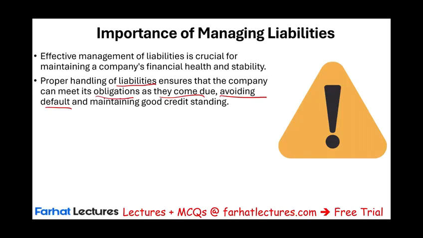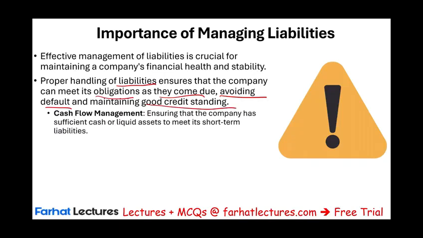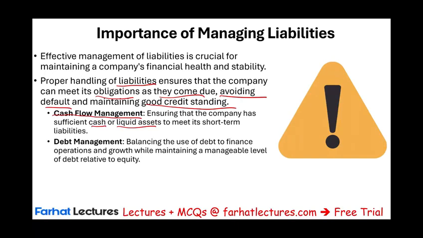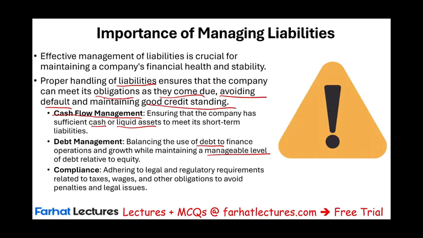You have to have good credit standing with liabilities. You need to have good cash flow management. You have enough cash or liquid assets to pay off your liabilities. Balancing the use of debt to finance operations and growth while maintaining a manageable level of debt relative to equity. You cannot have too much debt, because if you have too much debt, you could get into trouble because you cannot pay it.